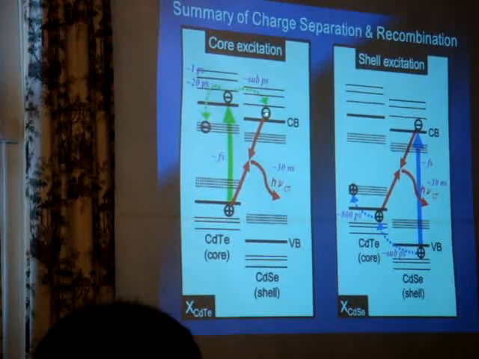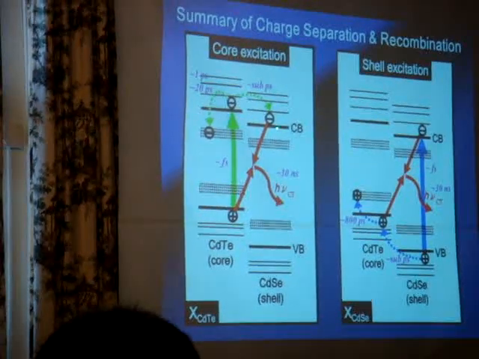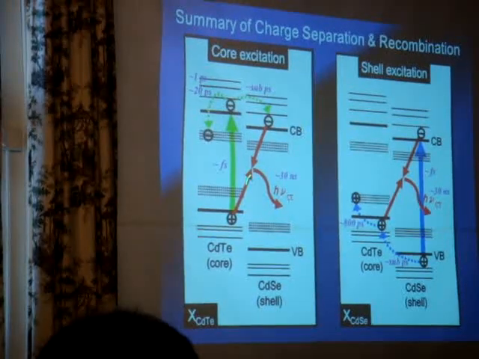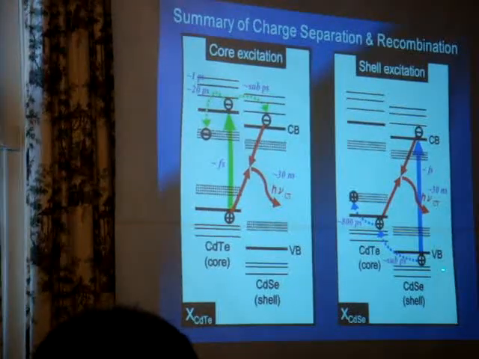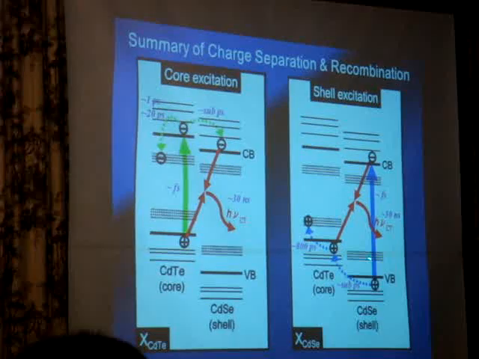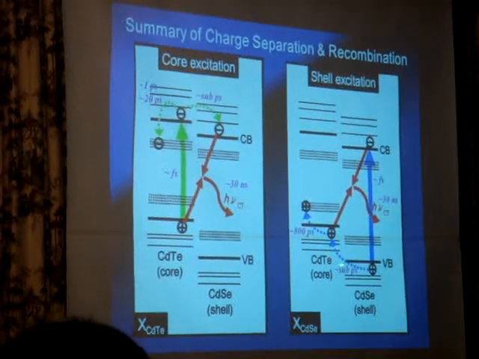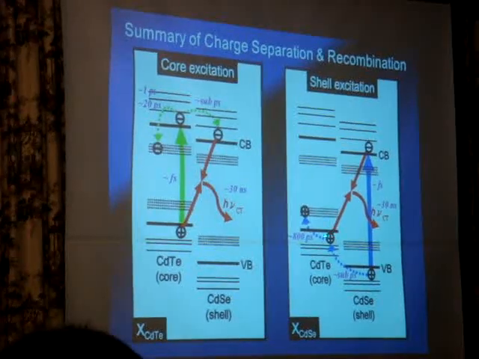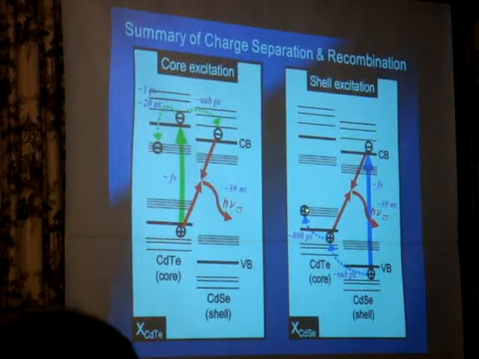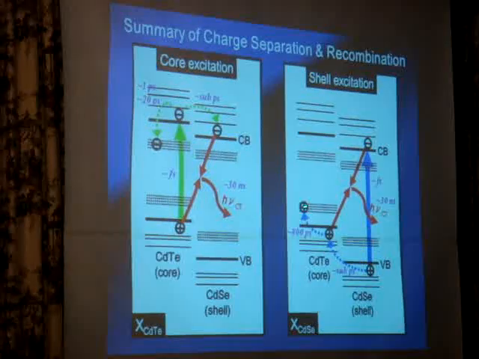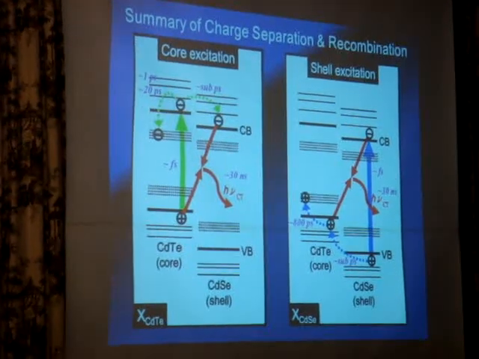From the PL measurement, we are able to measure this charge transfer lifetime as roughly 30 nanoseconds. And when we excite the shell, the hole tends to transfer to the core through the interface, followed by an extremely slow decay to the surface defect state.